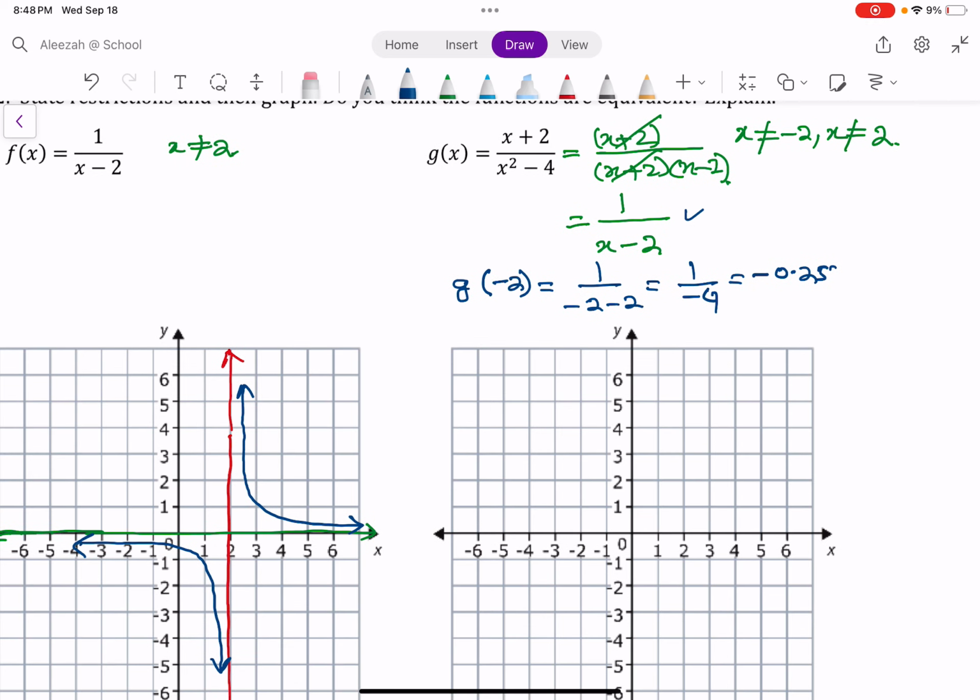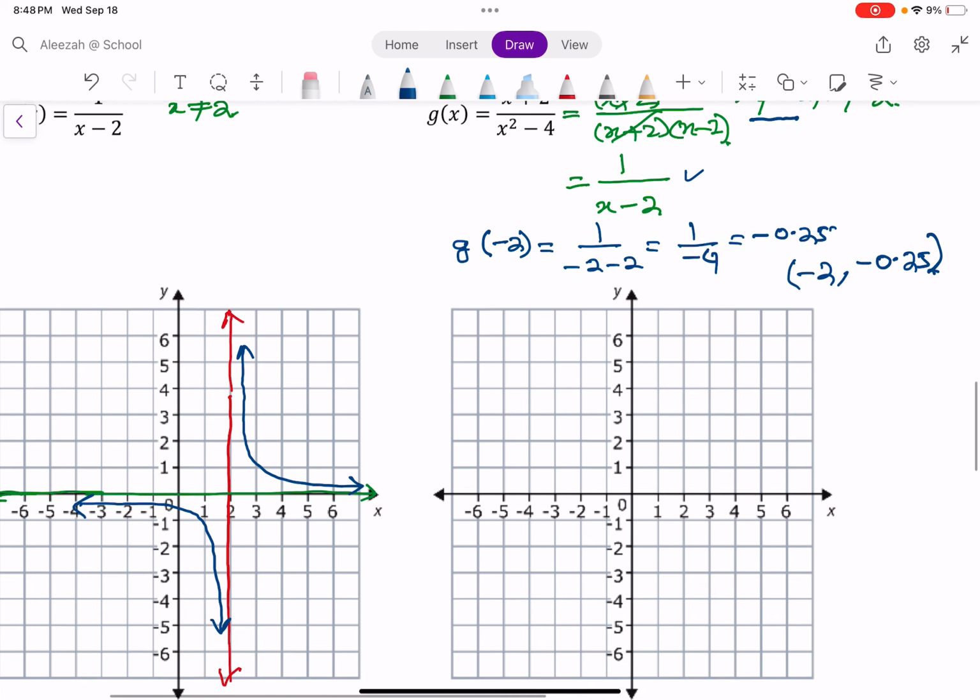Okay, when I graph this function, I cannot take x as negative 2. So when x is negative 2, my y value is negative 0.25, right? So this cannot be a point on my graph. The graph will almost look like f of x, but I cannot take x as negative 2. So my asymptotes, horizontal and vertical, will be the same.